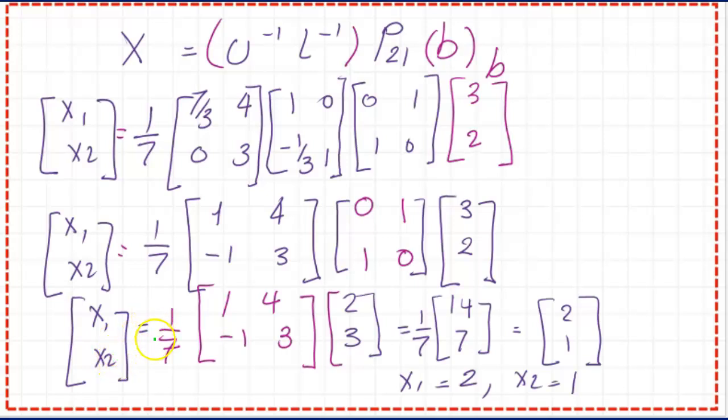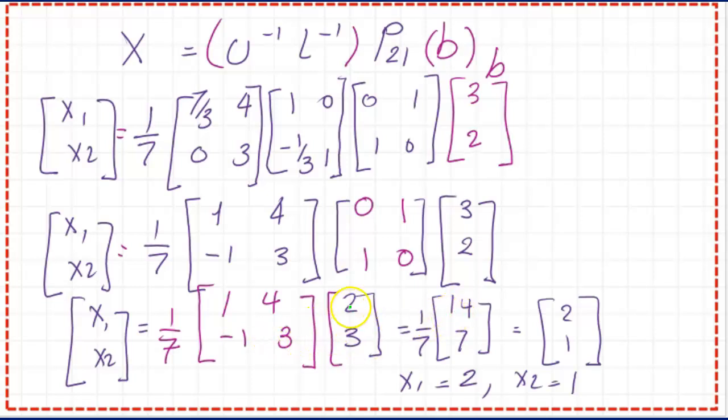x1, x2 equal 1 over 7 times 1, 4, minus 1, 3, and 0, 1, which will make a swap. This 2 will come up, and the 3 will go down. Finally, we have x1, x2 equals 1 over 7 multiplied by 1 by 2 plus 4 multiplied by 3 is 12. 12 plus 2 is 14.